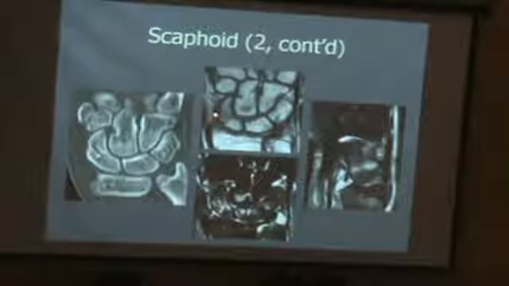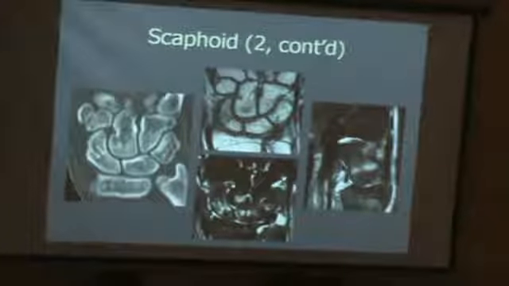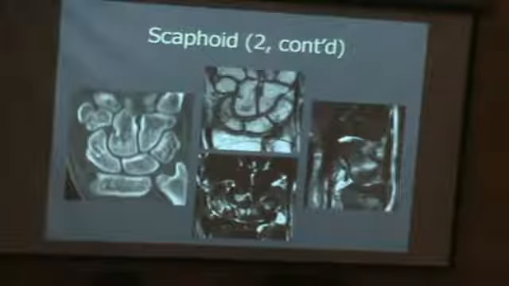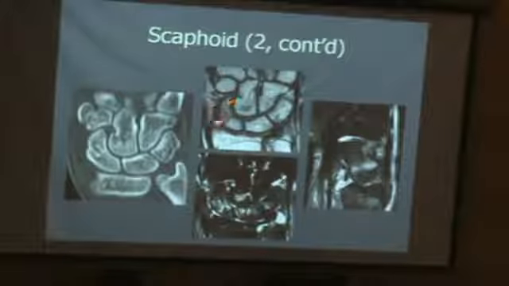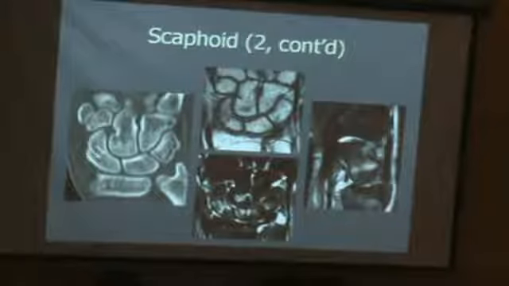You see the hypointensity of the scaphoid in the bone marrow here. This is a T1 weighted, non-fat saturated. This is your best friend, as I said before, because with this you have the diagnosis of the fracture, you have the hypointensity as well, and the edema on the distal pole of the scaphoid.